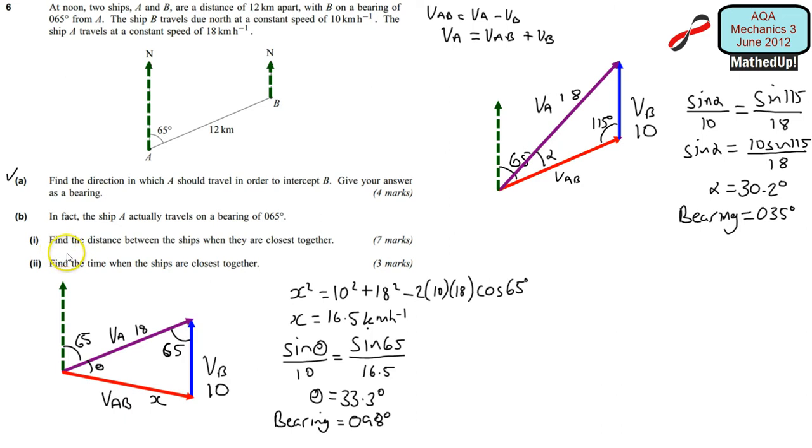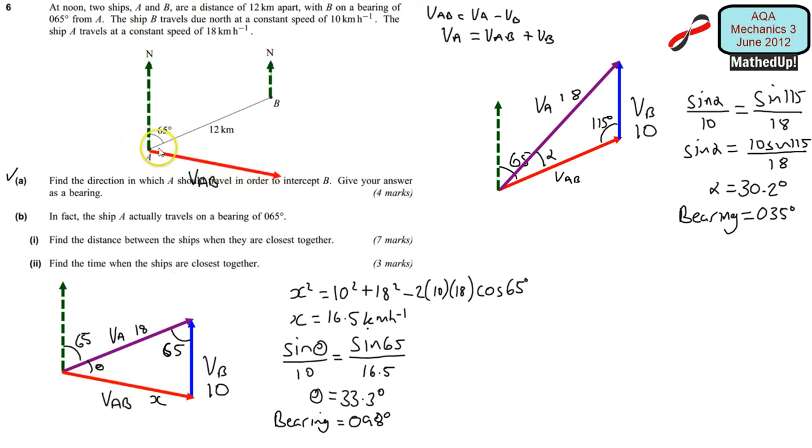Right, so we're almost there now. We now want to find the distance between the ships when they're closest together. So I'm going to come over to this diagram over here. Now if I take this, okay, and I'm just going to move this over here.